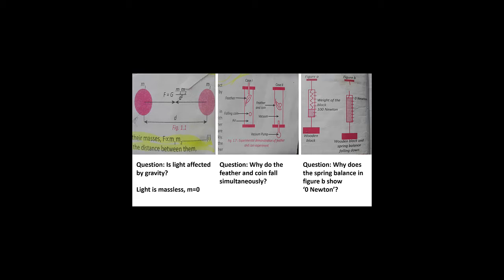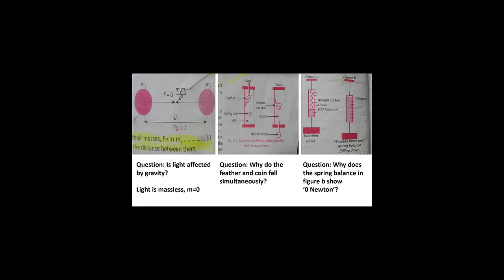Related to this picture, I have a question for you. The question is, is light affected by gravity? Okay. First of all, make use of the fact given there. Light is massless. That is a fact.